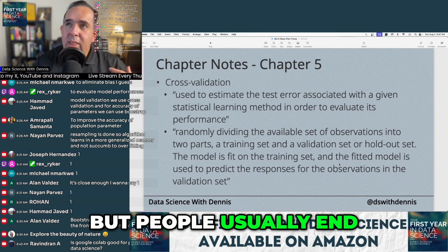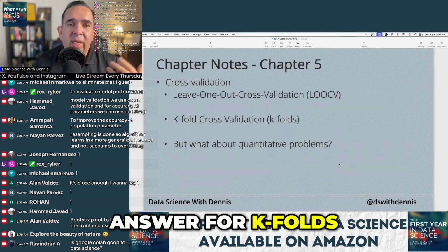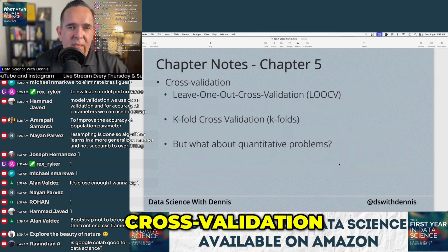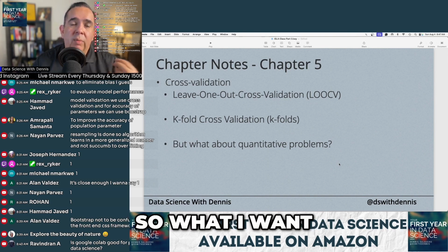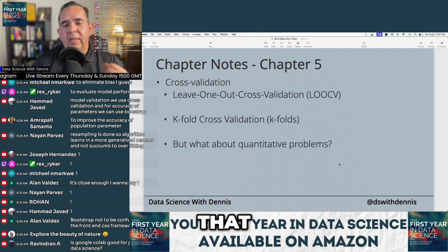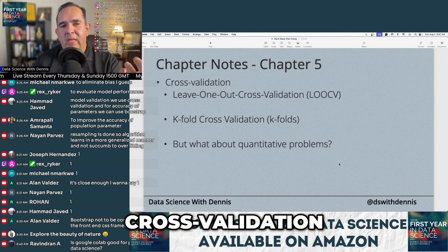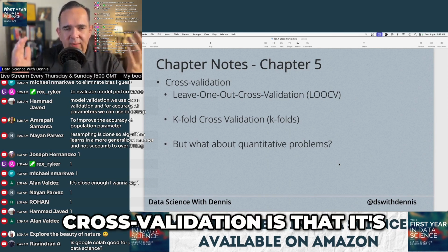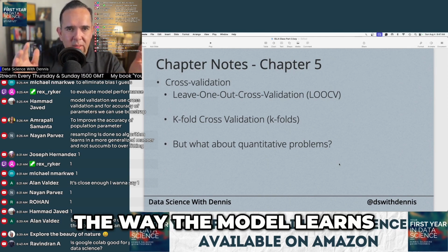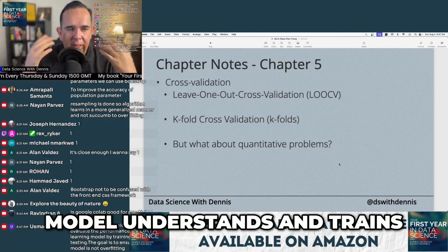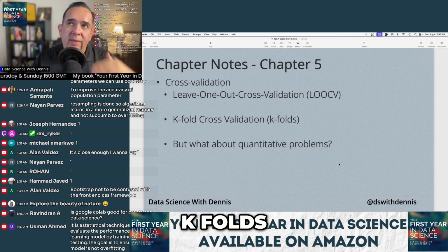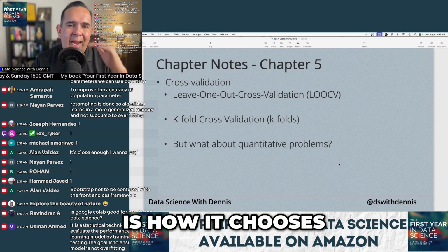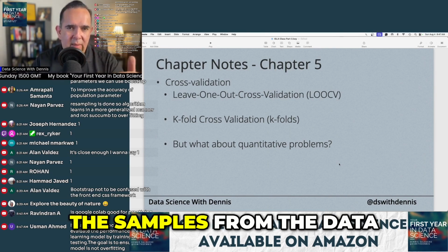But people usually end up giving me the answer for k-folds cross-validation. So what I want you to understand is that the model answer for cross-validation is that it's the way the model learns. It's the way the model understands and trains itself. K-folds is how it chooses the samples from the data.